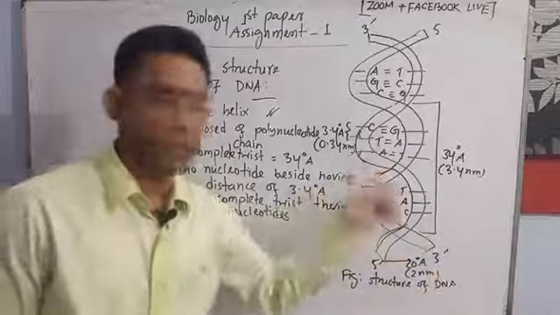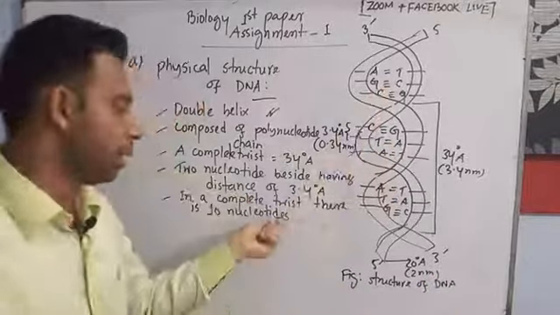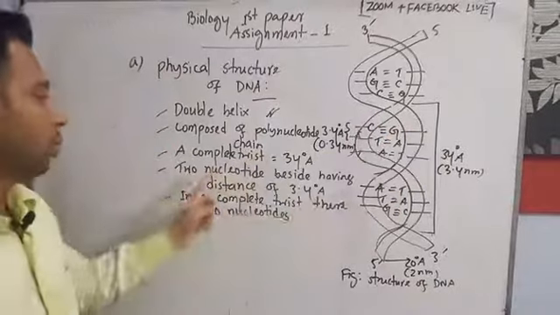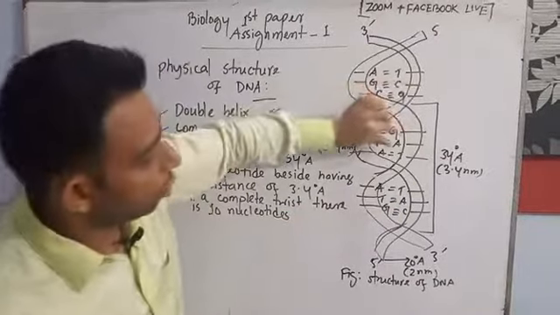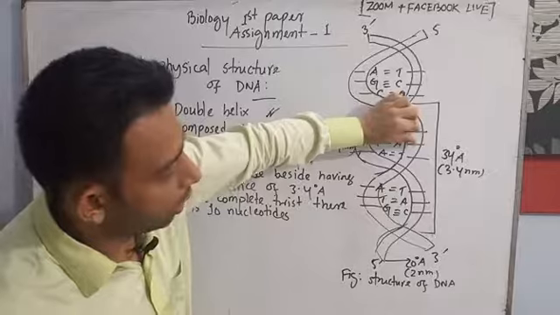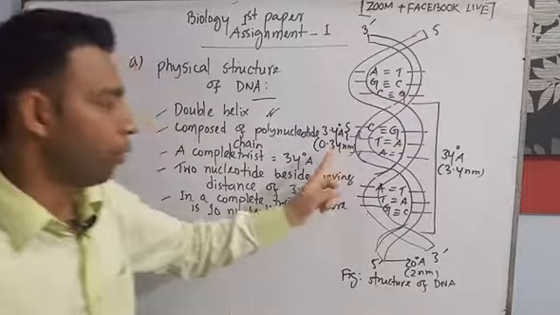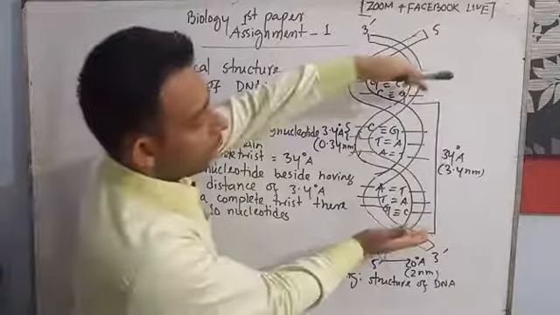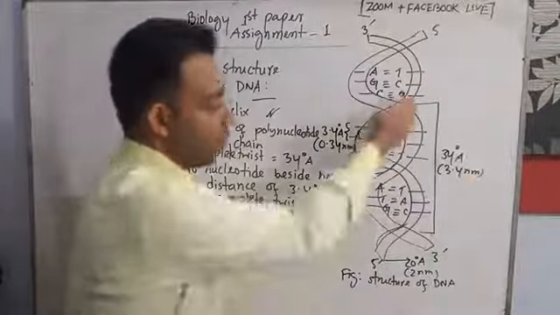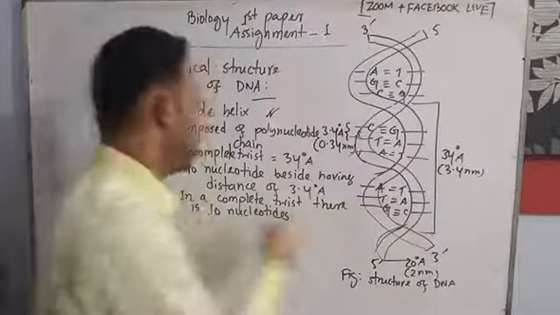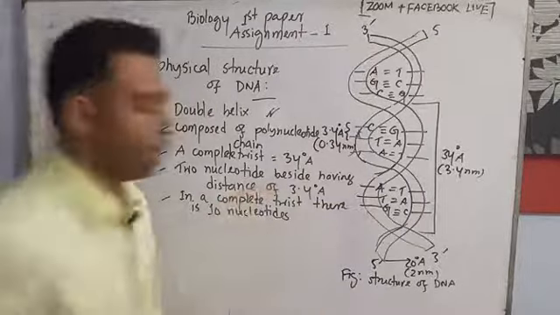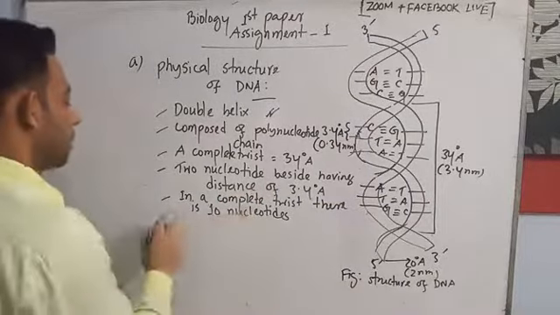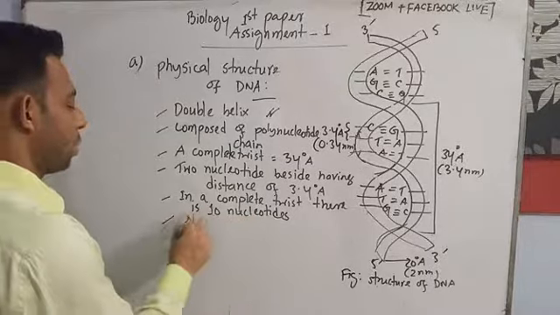Though I drew only 6, a complete twist has almost 10 nucleotides. In between two nucleotides, this one is a nucleotide and this one is a nucleotide, there is 3.4 angstrom, because the total complete twist is 34 and there are 10 nucleotides: 34 divided by 10 is 3.4 angstrom. We got it. Yes, the nitrogen base is connecting. Now you can write the nitrogen base.